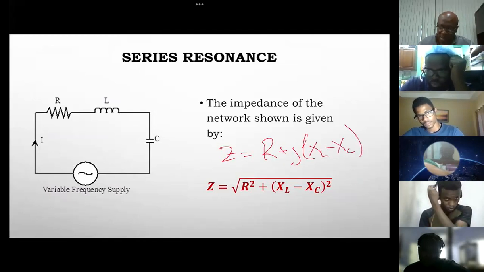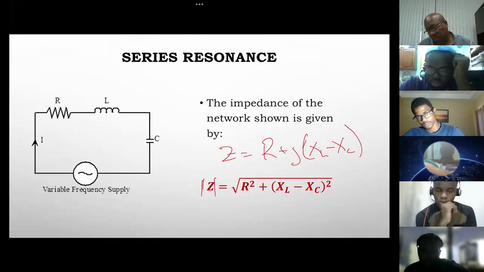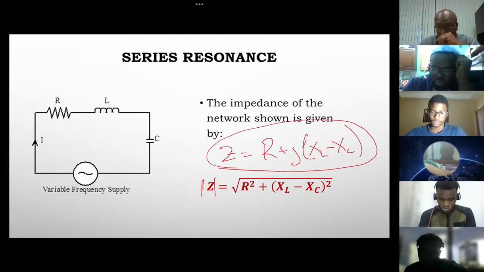The magnitude of the impedance is equal to the square root of R squared plus (XL minus XC) all squared. So in complex form, this is your impedance. And from Pythagoras' theorem, well, I'm a little distracted this morning. Anyway, we have Z equal to the square root of R squared plus (XL minus XC) all squared.